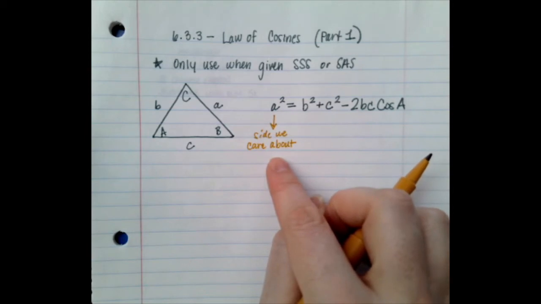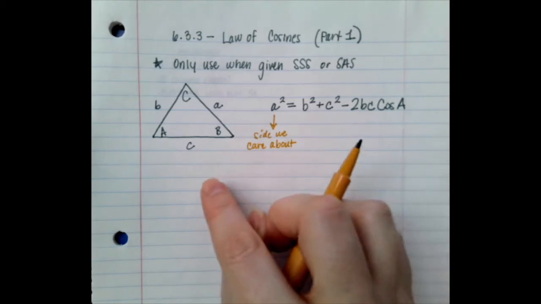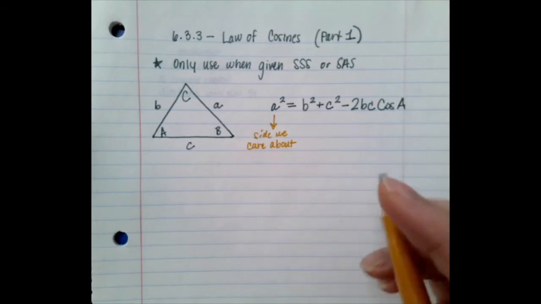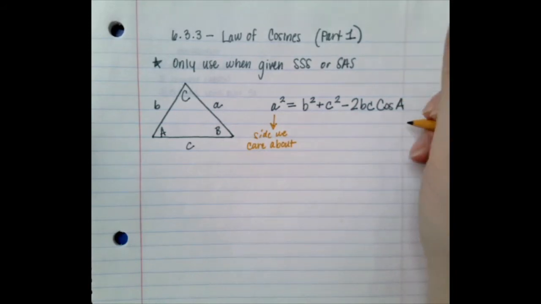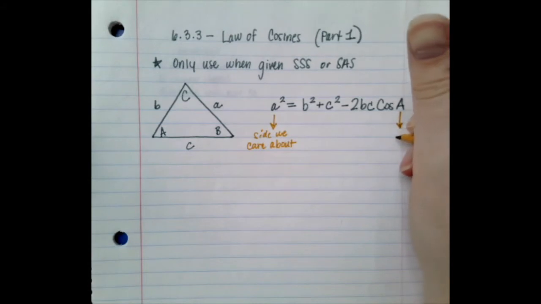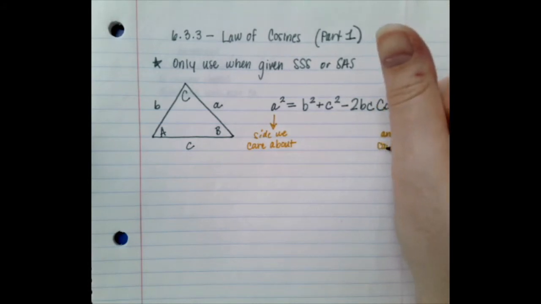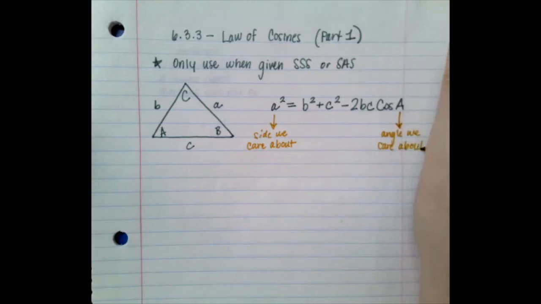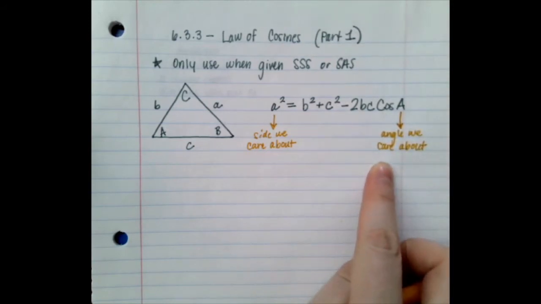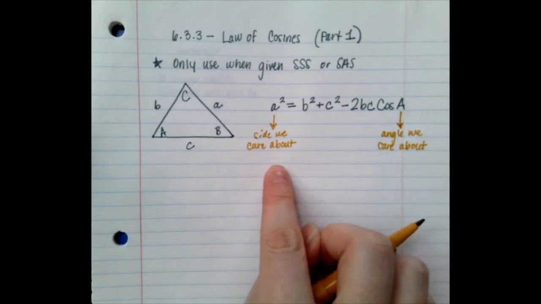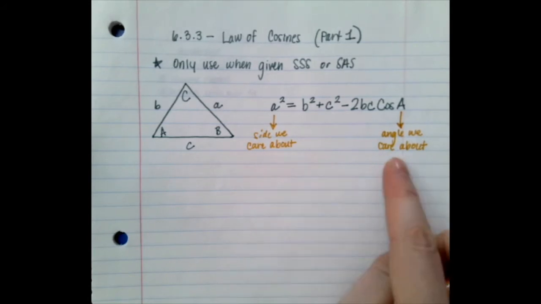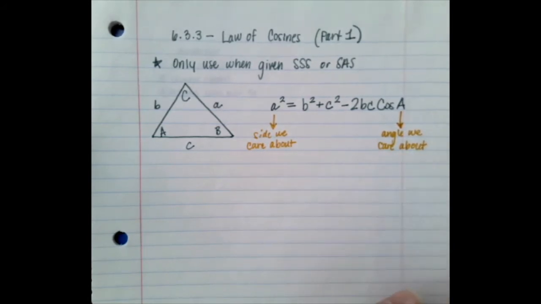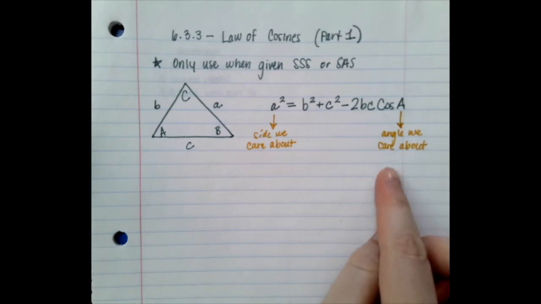In other cases, it is the side across from the angle that we're looking for, the matching side to the angle that we care about. And capital A is the angle we care about. Again, sometimes it's the angle across from the side that we're trying to find, and sometimes it's the angle we're trying to find. It just depends on the problem.